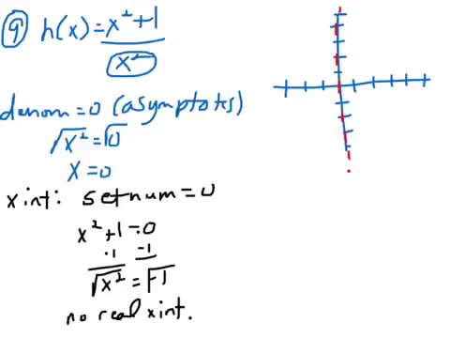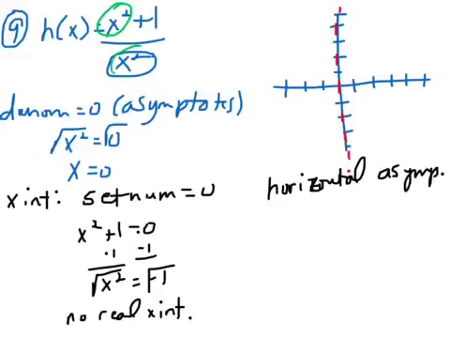The other thing I can do is check the horizontal asymptote. There are some other things to check, but they're just giving you some really simple equations here, so I'm just going to keep it simple. To find the horizontal asymptote, I take the two leading terms. I'll circle them in green here. This is the x squared here and the x squared here. It's the term that has the largest exponent on it in the numerator and the denominator. Now the exponents are the same.